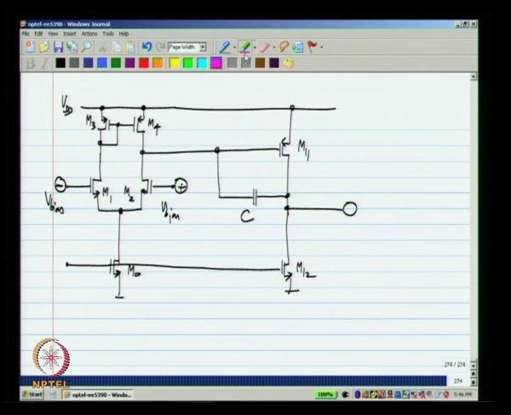Now, this voltage and that voltage will be the same as each other, okay, by symmetry. So, this is VDD minus VSG3 and that is VDD minus VSG3 as well. Okay. And let me call this voltage Vg0.